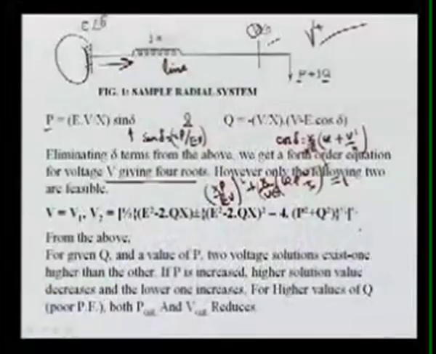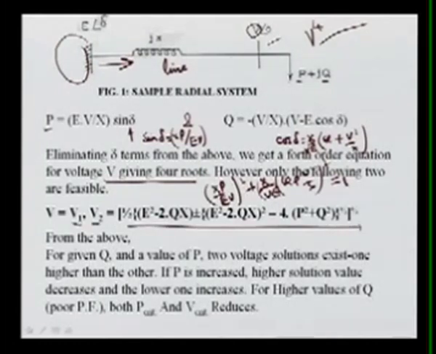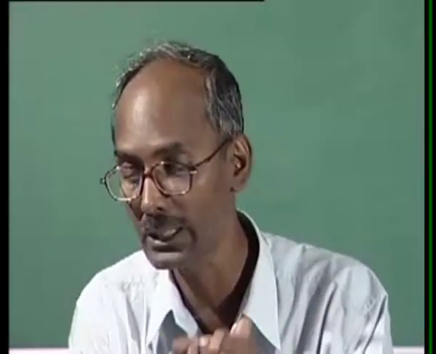So, ignoring the other 2, we can get the 2 roots V1 and V2, which we can write in this way. Writing this equation, we can get V square in that term, and then we can take the under root, as you can see here. So, we are getting the voltages in terms of P and Q, maintaining this voltage constant, because we are assuming this generator is maintaining the voltage, and the system where it is feeding is constant.